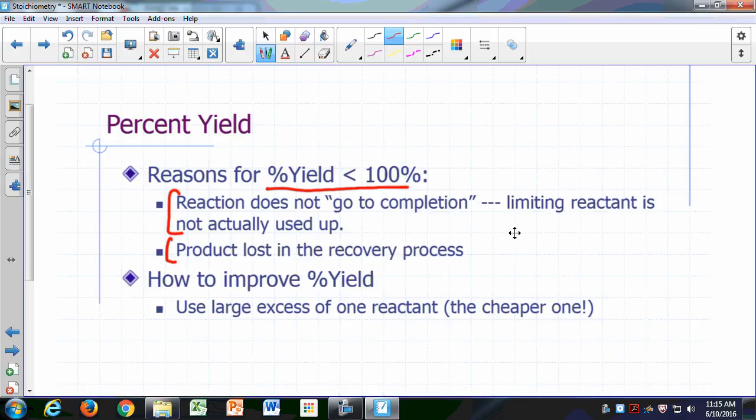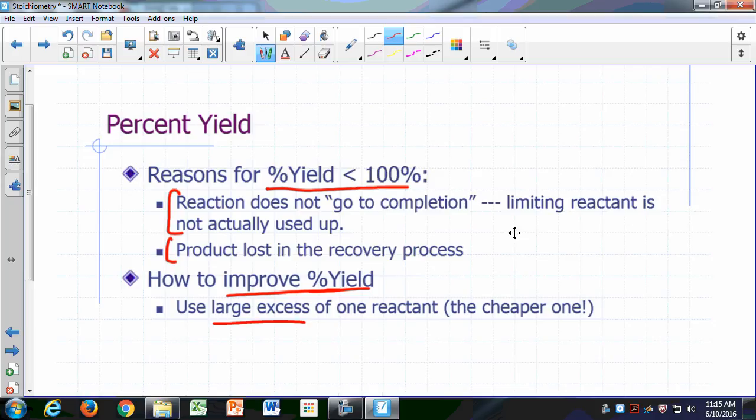Now, if you're in the business of making something by running a chemical reaction so you can sell it and make money, then generally you want your reaction to have as close a yield to 100% as possible. You want to improve your yield, and a common strategy for doing that would be to use a very large excess of one reactant.